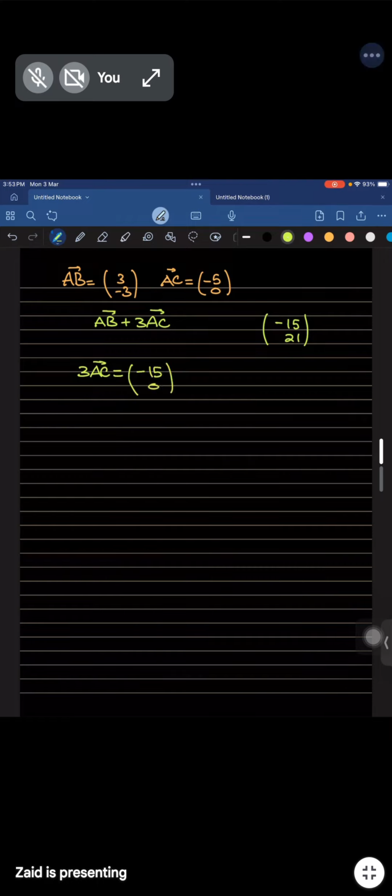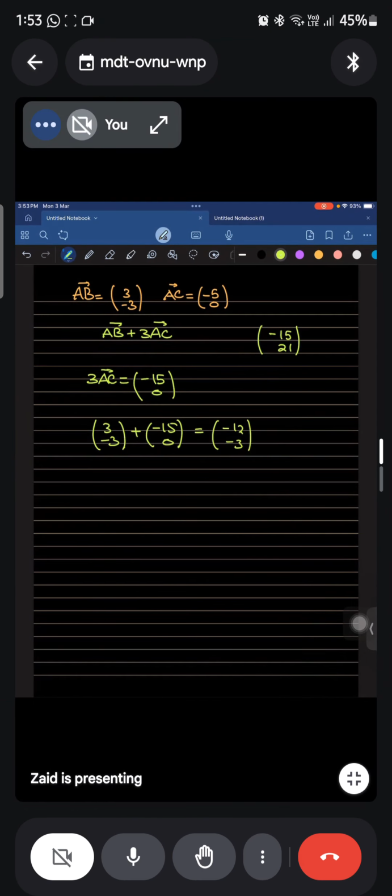So AB is 3 and negative 3, plus negative 15 and 0. So it should be negative 12 and negative 3. Getting? Yes, sir.